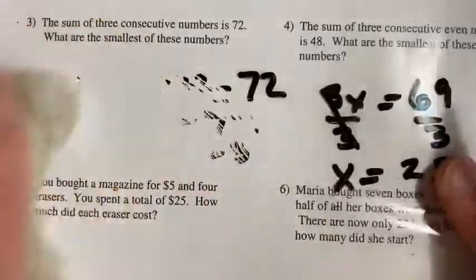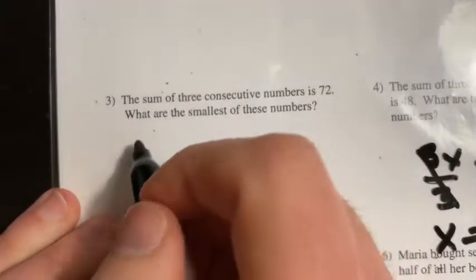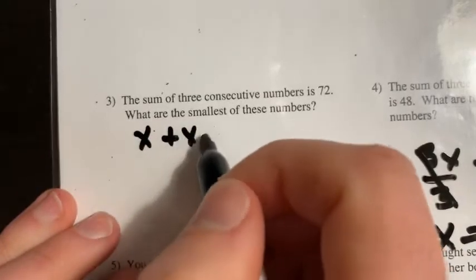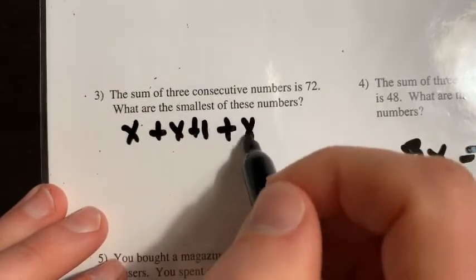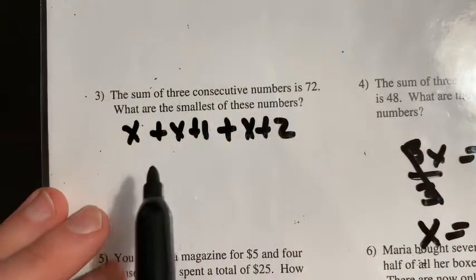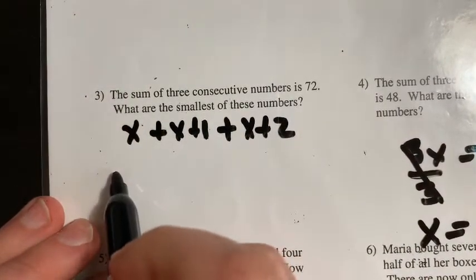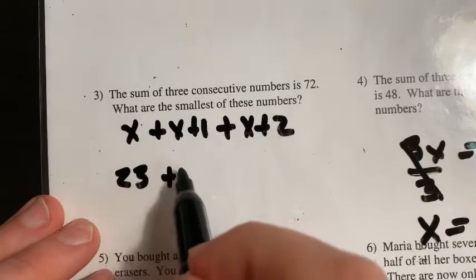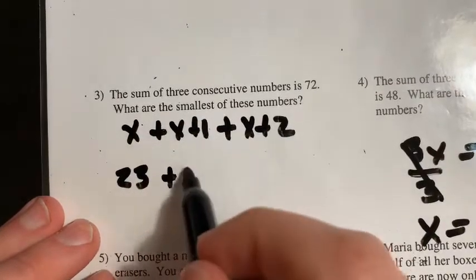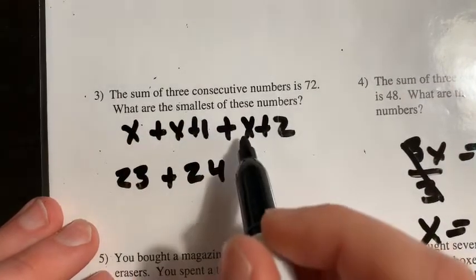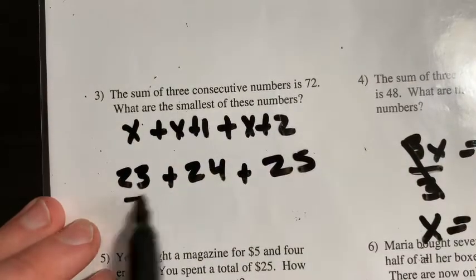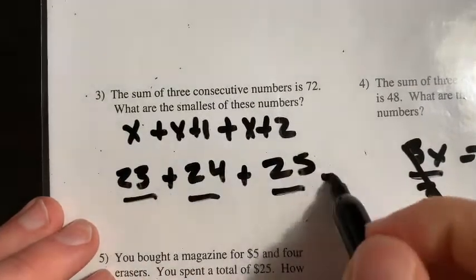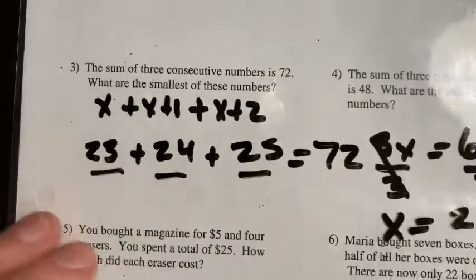So my smallest number is 23 because I need consecutive numbers. Now remember, to start off, we had x, then x plus 1, then x plus 2. Well, if I punch that all in now, 23, 23 plus 1 is 24, and 23 plus 2 is 25. So there are my 3 consecutive numbers that when I add them up, I get 72.